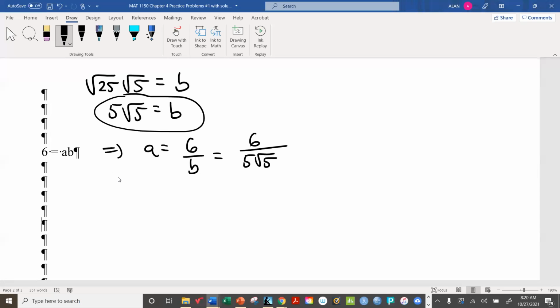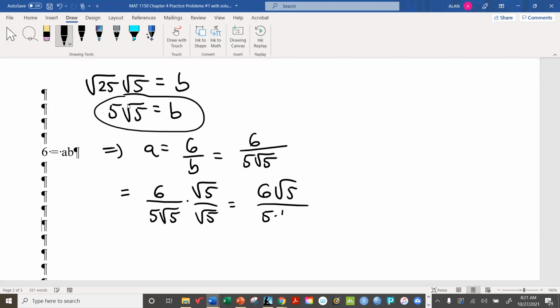So here's what I'm going to do. I'm going to use the following property. I'm going to multiply the numerator and the denominator by radical 5. This is just for simplification purposes. This isn't really absolutely necessary, but mathematicians prefer it this way. So here I'm going to have 5 times 5.